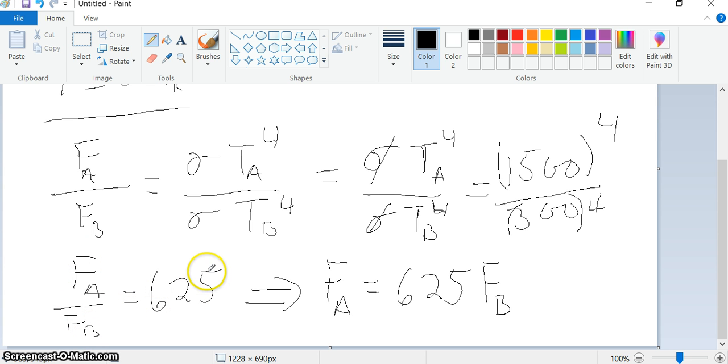If I bring the B to the other side, that tells me that FA, the power flux coming from the 1500 Kelvin object, is 625 times the power flux coming from the 300 Kelvin object. All right, that is problem number 6.